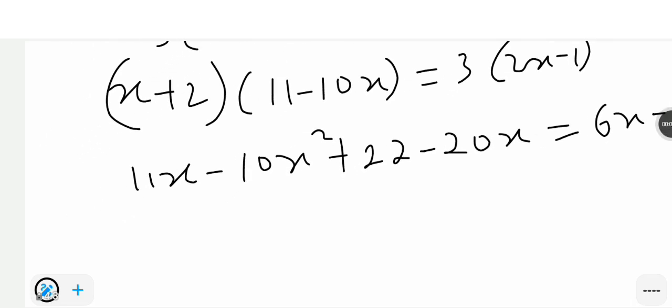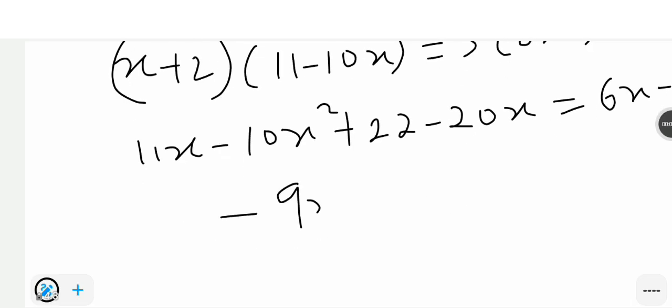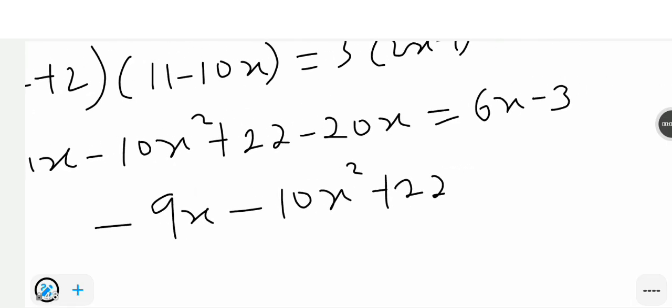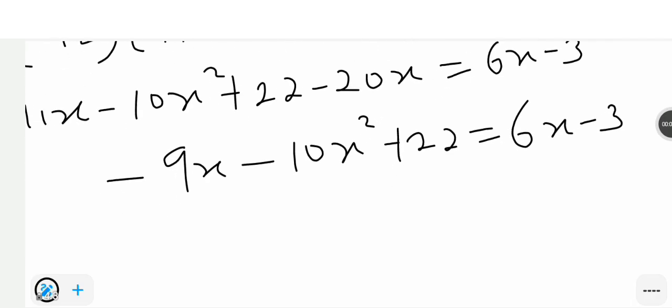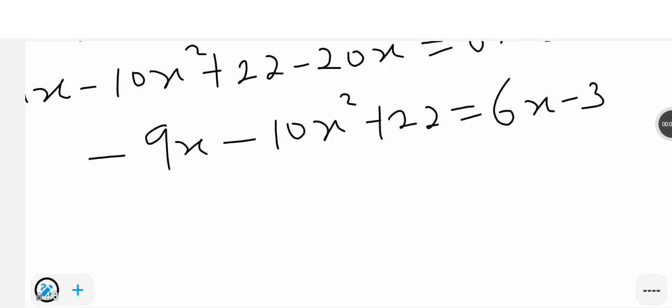Collect the like terms now. That's the next stage. So 11 minus 20 will give you minus 9x, minus 10x squared plus 22 equals 6x minus 3. Collect more like terms. So let me bring everything to the right hand side. I'm bringing this one first.